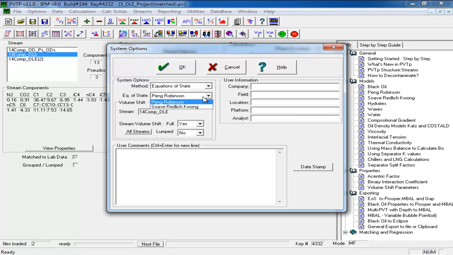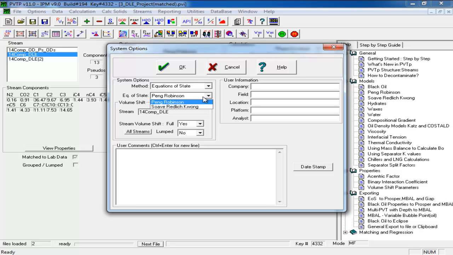But Peng-Robinson is more reliable in terms of liquids. We know that both of them are derived from PV equal to Z nRT. So actually, those equations came from the gas equation, not the liquid equation. But they extended this equation to be able to describe liquids.